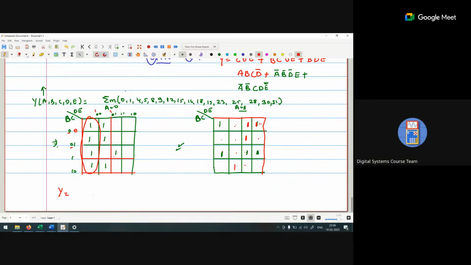Consider A bar, consider D bar, and consider E bar. Okay. Now consider this group also.